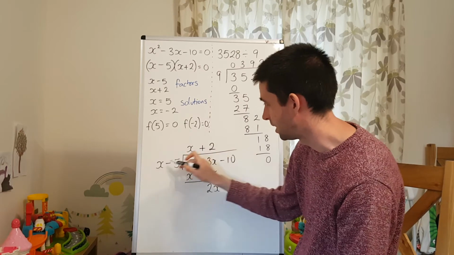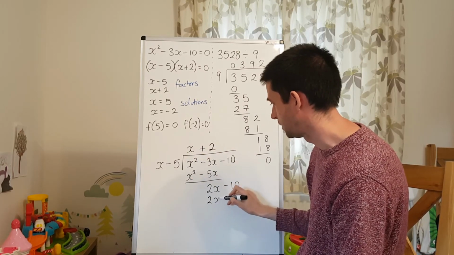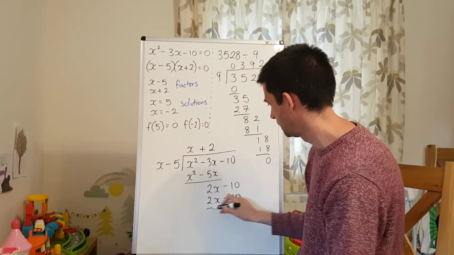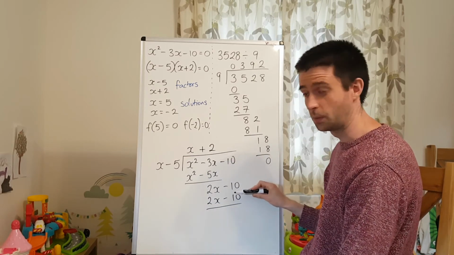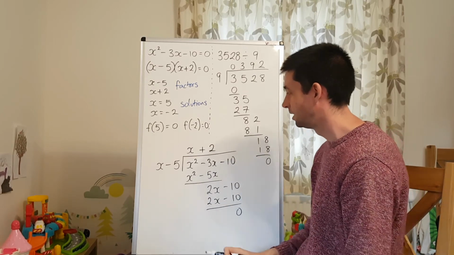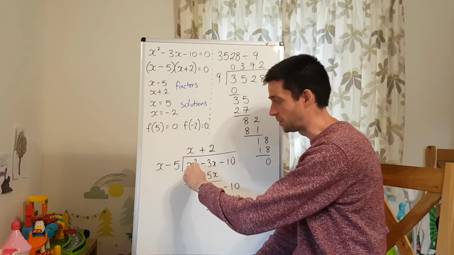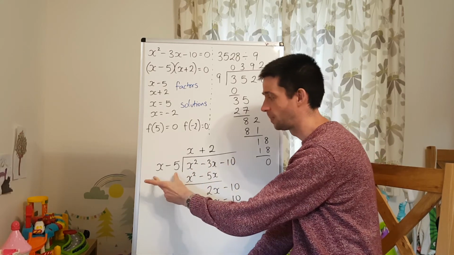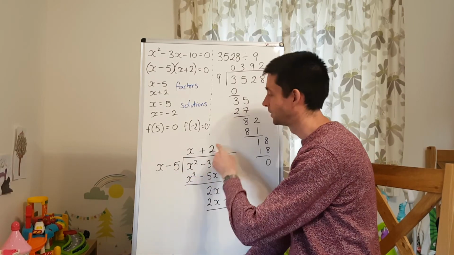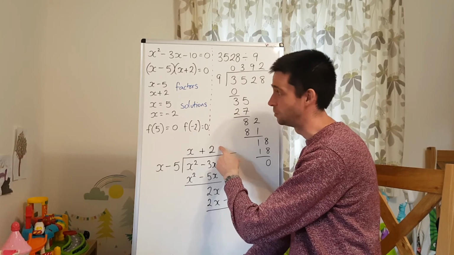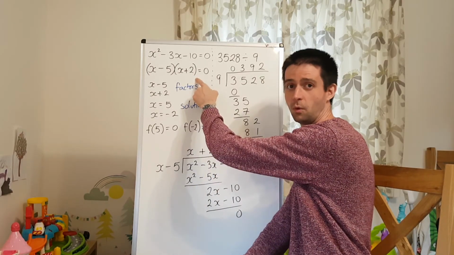And then when you multiply back by the 2, 2x minus 10, and because you're doing something take away itself, we have no remainder, which means that when you do x squared minus 3x minus 10 divided by x minus 5, you get exactly x plus 2 with no remainder, which we knew before.